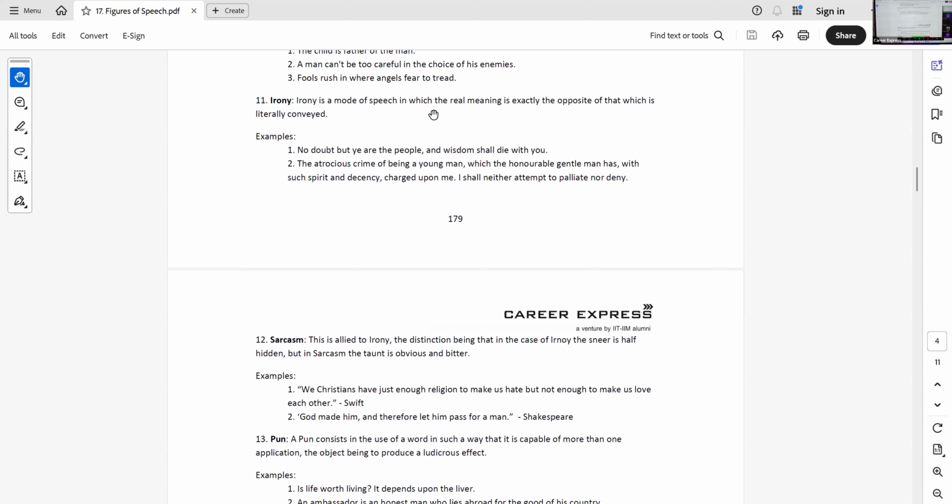Read and tell me what is the irony in these 2 sentences. What is the meaning of atrocious? Atrocious means very bad. So atrocious crime of being a young man. Why is this ironical?